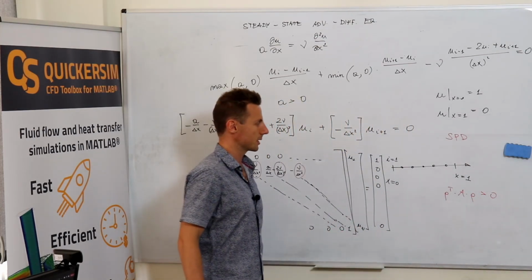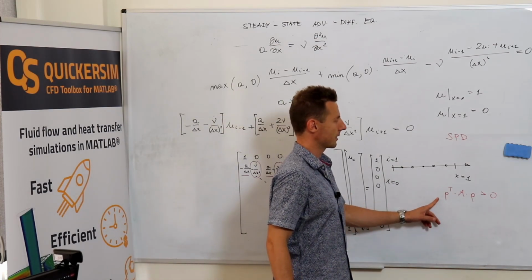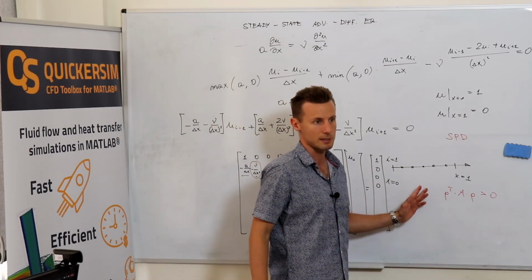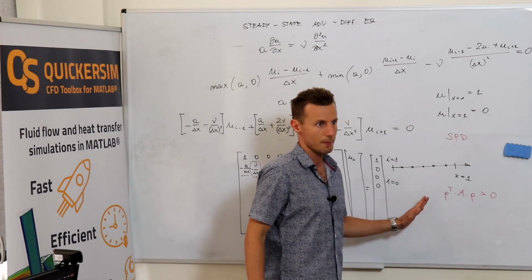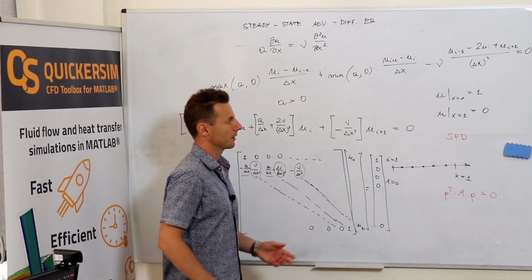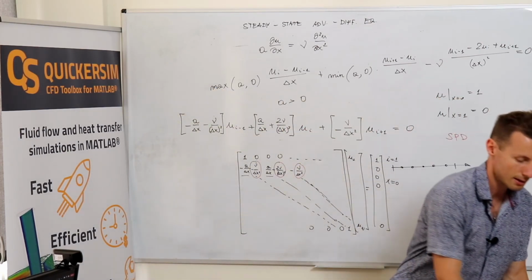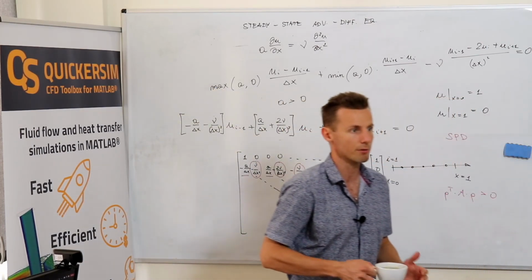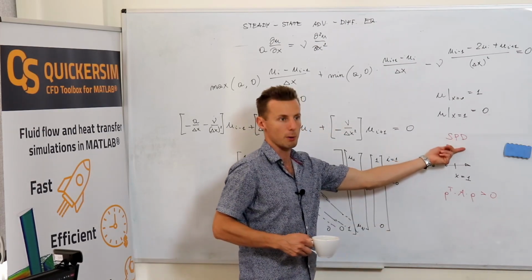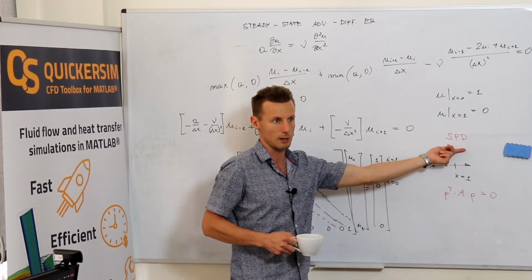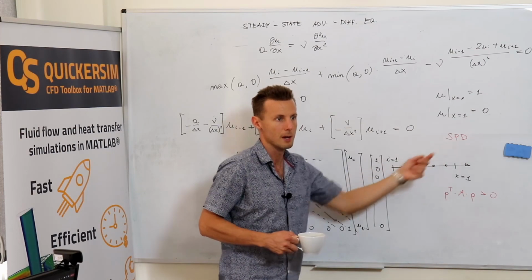But one of the features is that all the eigenvalues of such a matrix are positive. The good news in the numerics is that you've got a lot of numerical solvers that deal perfectly with such matrices, and it's really easy to solve them.